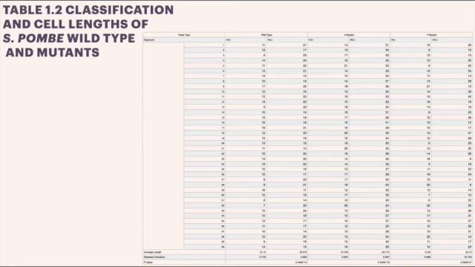The p-value is 2.565 times 10 to the negative 7. This also will indicate that DNA damage is being detected at the G2 checkpoint.